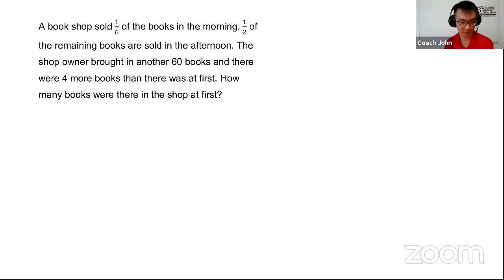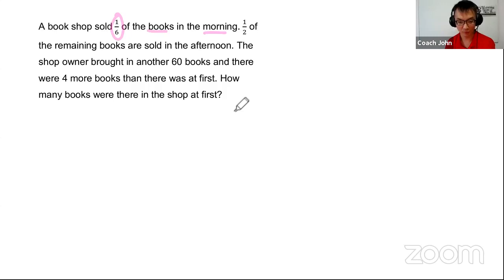Again, please practice your LOB 5-step technique KCNSU. The K is always to highlight the keywords. So, 1/6 of the books in the morning.